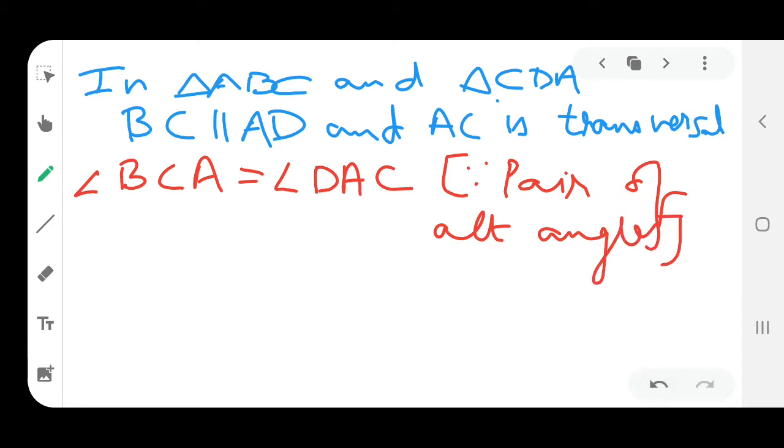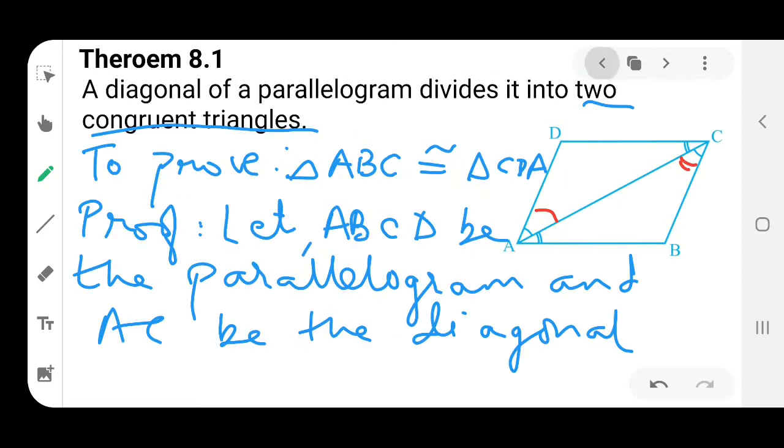Now similarly, in this figure we saw AD is parallel to BC and AC is transversal. Now DC and AB are parallel to each other, and AC is transversal.